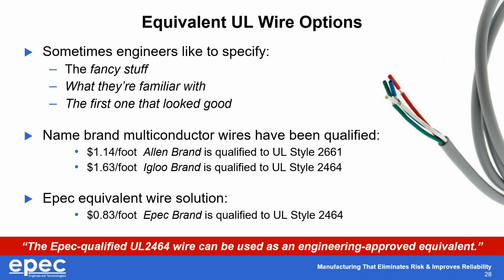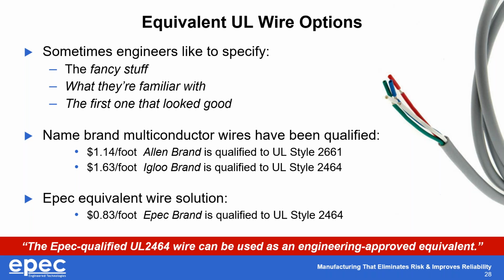The best wire that has a great website and a great data sheet, but that's not always the lowest price option and the best for the project. Another thing we see often is that engineers specify the wire that they're most familiar with. They may have used a certain brand of wire on the last project. Maybe it's what they have in stock.